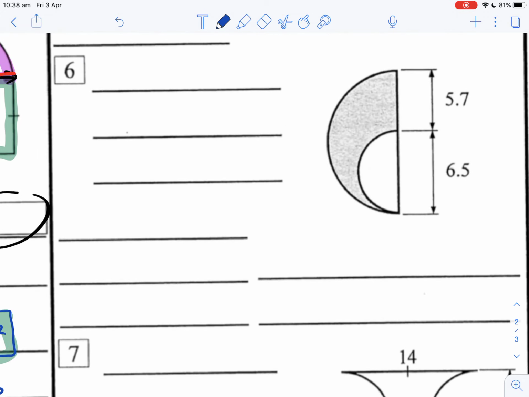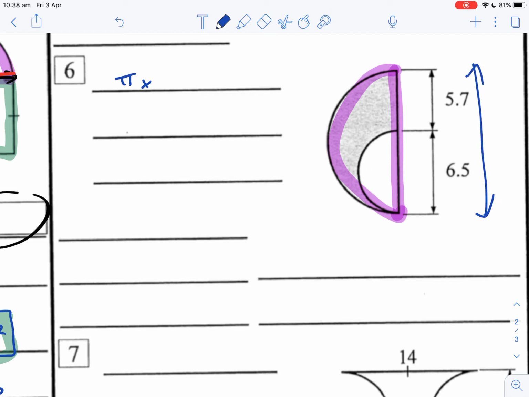The last one, you've basically got 2 semicircles. So you're going to get the big semicircle, okay? And this one would be pi times the radius of that one. Now I'm assuming that they're actually not half. So they've been a little bit tricky here. They haven't given you the radius. So the radius is going to be half of this full length across here.